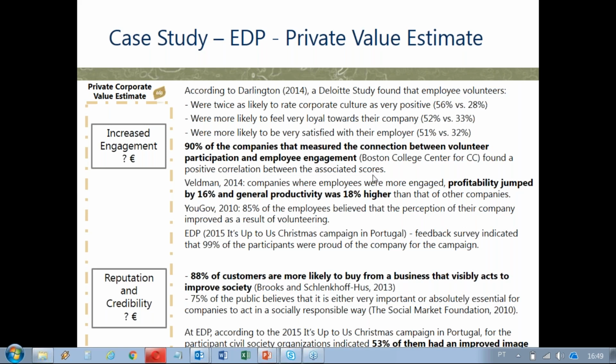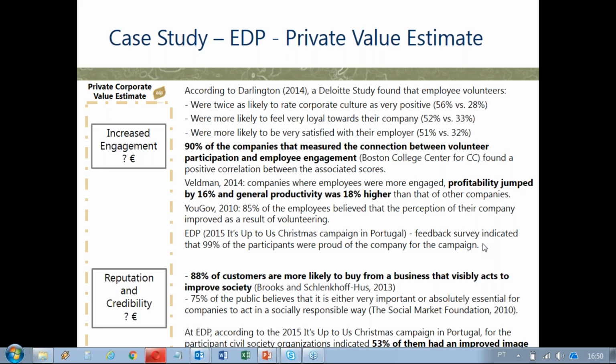Also, some studies suggest that profitability can go higher when the employees are more engaged, and that can be 16 or 18%, depending a little bit on what we have. In terms of EDP, we made a feedback survey on one of our Christmas campaigns, and almost 100% of the participants were proud that the company had this campaign.